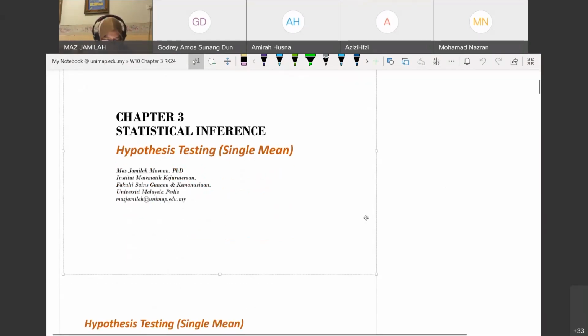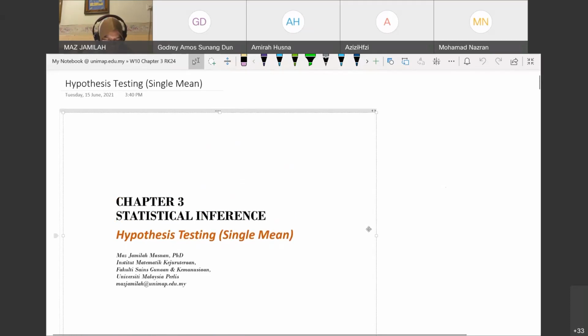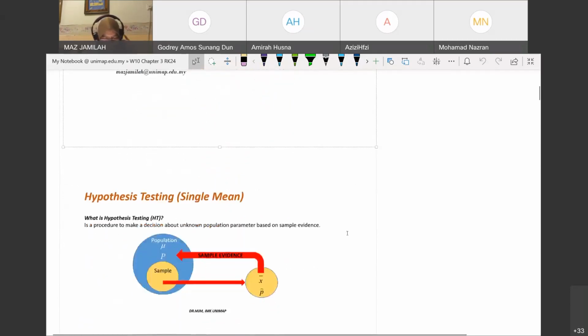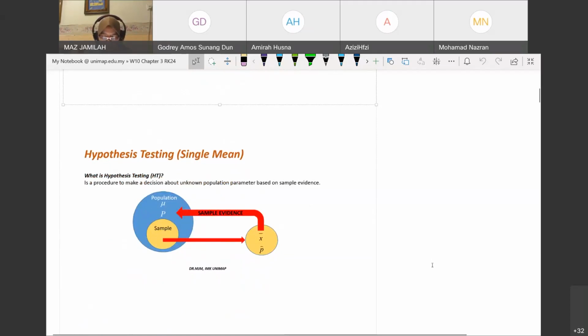Okay, so let us look at the several concepts that we have discussed last time. As I mentioned earlier, hypothesis testing for single mean is actually a type of statistical inference that we are doing for our population, referring to our population, but using our sample.